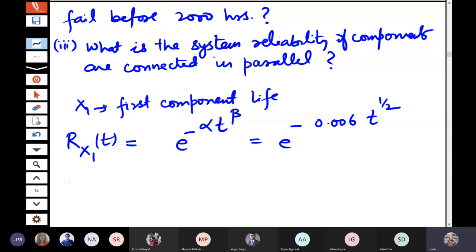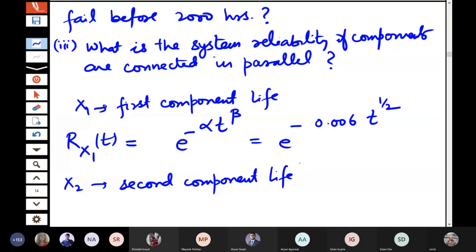Okay. So for x2, you will have Rx2 equal to e to the power minus lambda t, that is t divided by 25,000. So individual component reliabilities we are able to find. So what is the system reliability then?